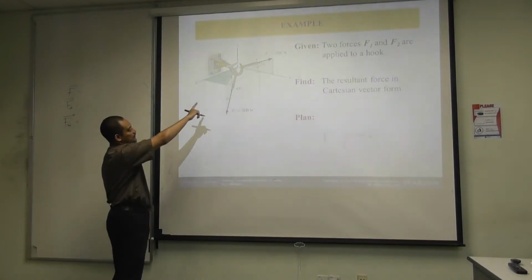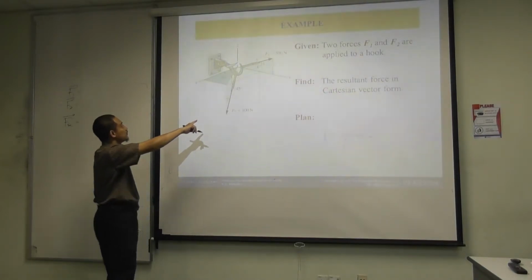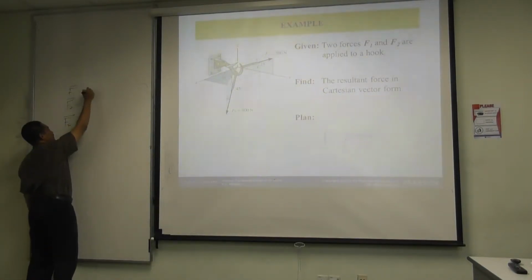Do you understand where the force line is, when it's drawn like that? What is 0? Do you understand why it is 0?